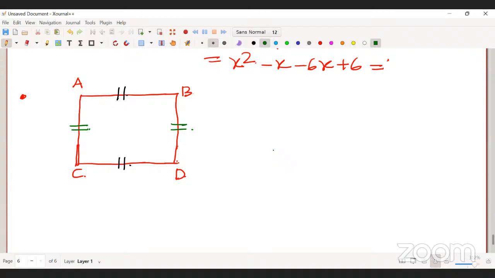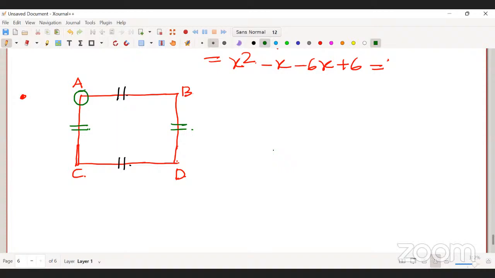Then you can find the coordinates of A, because two lines are given, you just need to find the intersection point. If two lines are given, you can easily find where these two lines intersect.